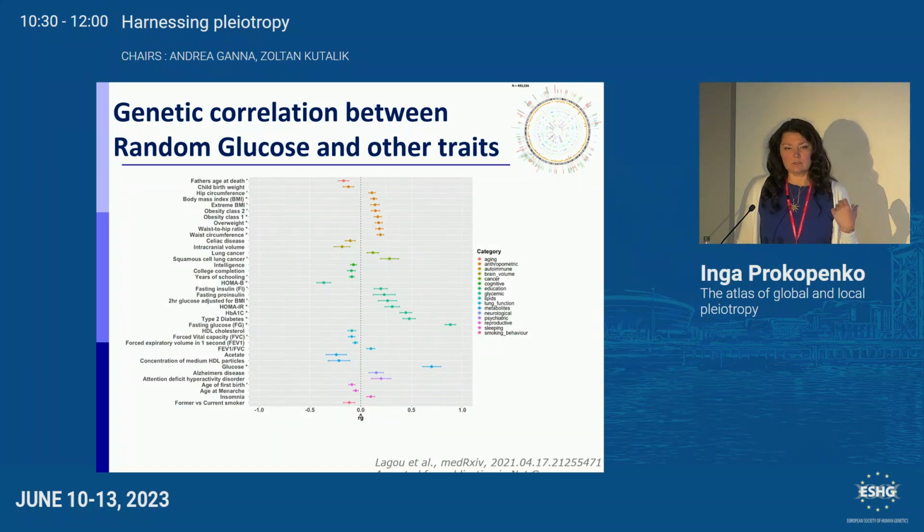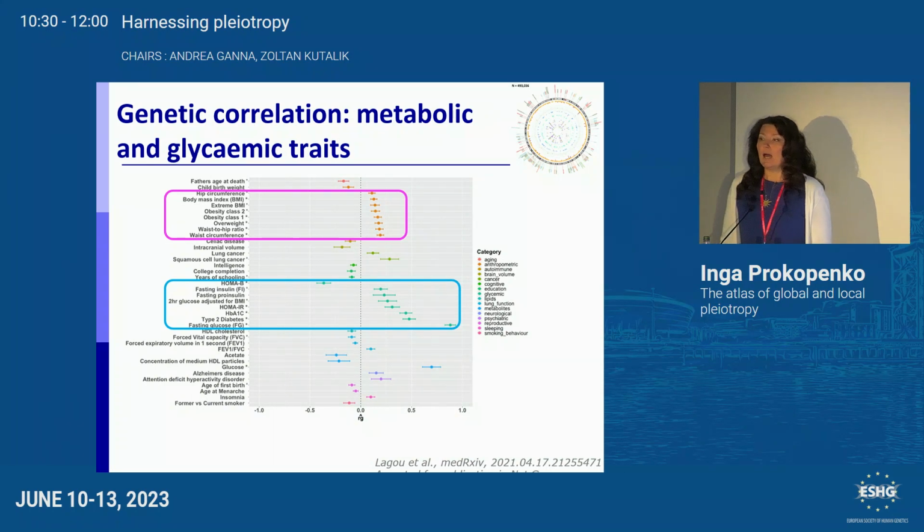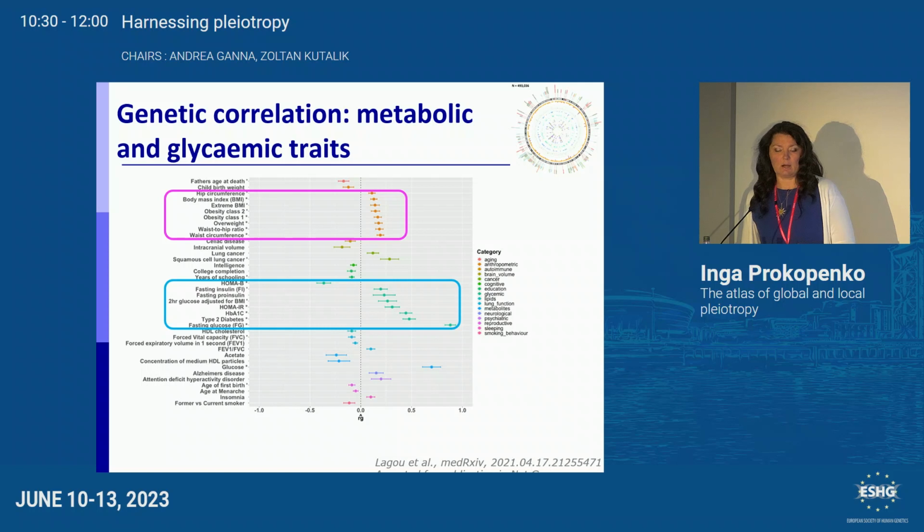We used the LD score regression database, and I think there were more than 400 phenotypes. Here, there are only those which were at least nominally associated. And the usual suspects would immediately jump out at you. The pink triangle highlights all obesity phenotypes, which are positively, directly correlated with glucose levels.